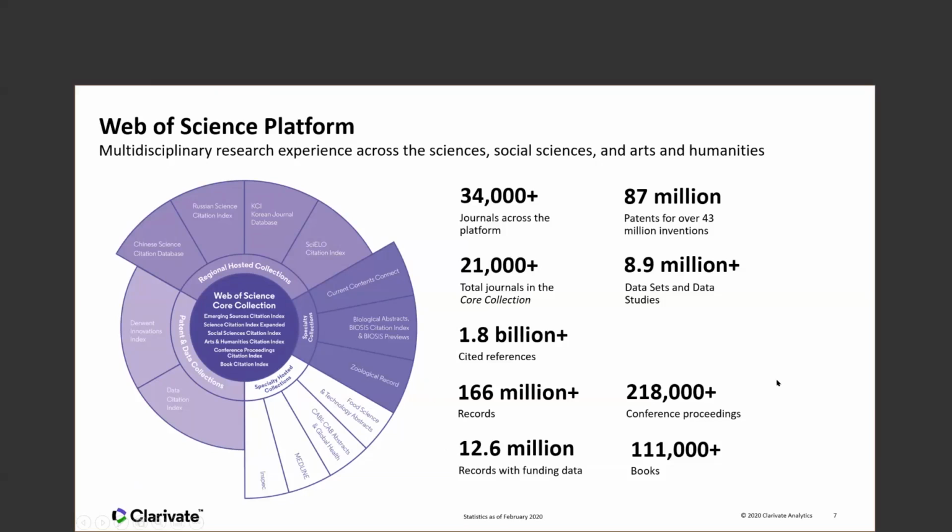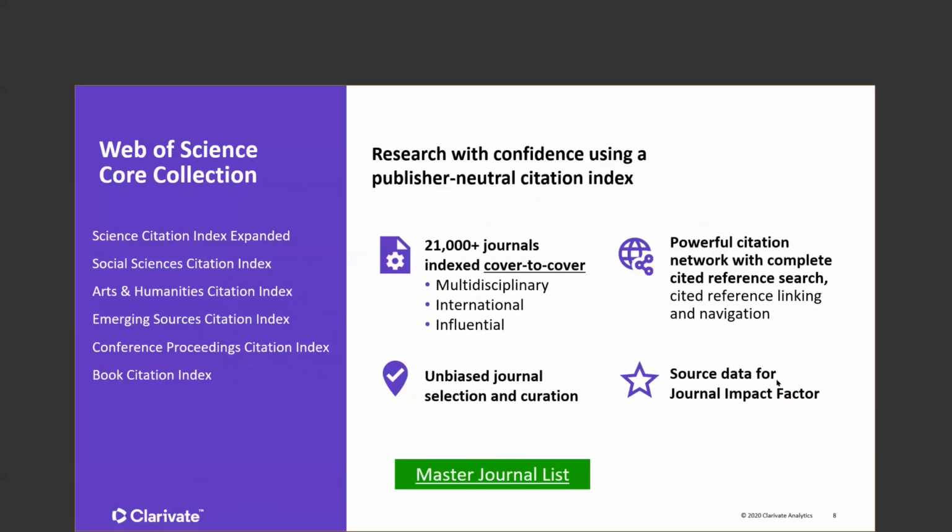And now we're going to dive a little bit more precisely into the core collection. I continue with the core collection, and you see here 6 citation indexes. What is a citation index? That is a subpart of the core collection depending on the specialty of the journal or the type of document.